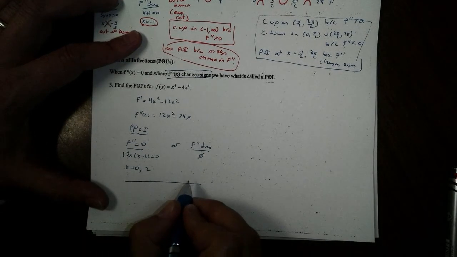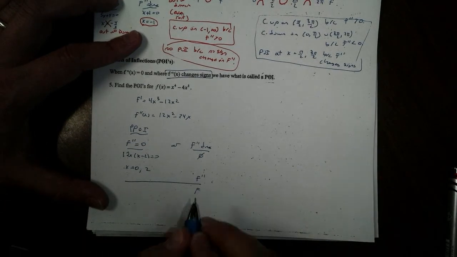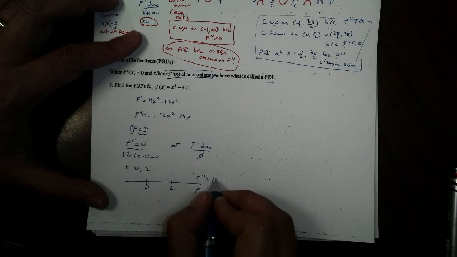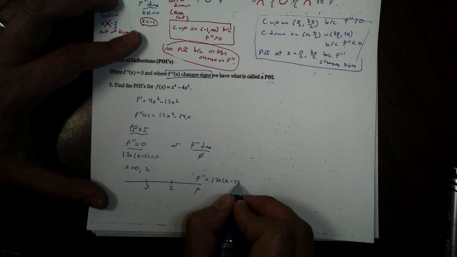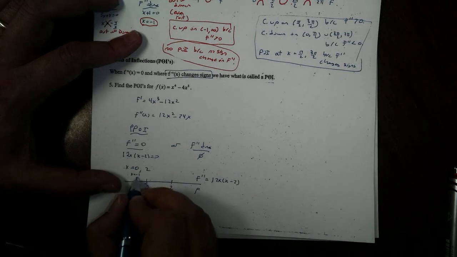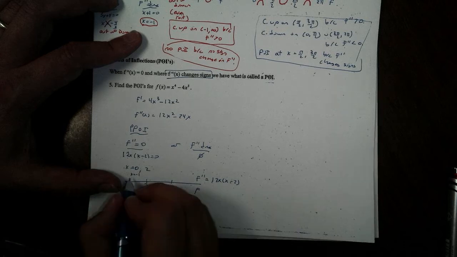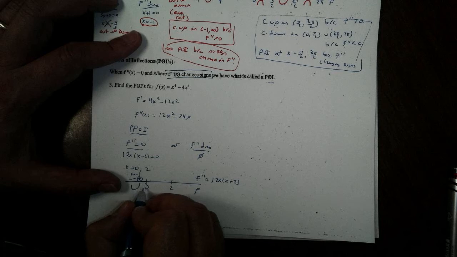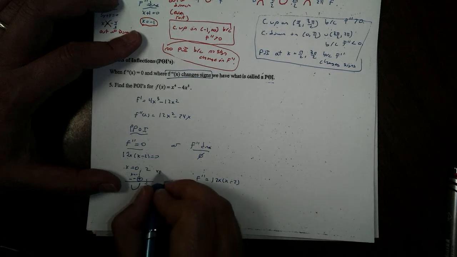So if I do my sign chart, second derivative, 0 and 2. Remember, my second derivative is really this 12x times this x minus 2. So if I pick a number before 0, like let's say negative 1, I get a negative and a negative. So I get 2 negatives, and that makes a positive, concave up. Between 0 and 2, I'll pick 1, positive and a negative.